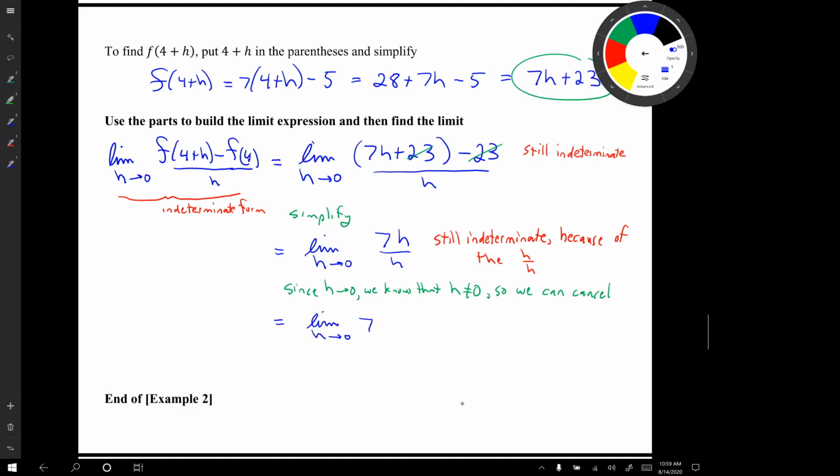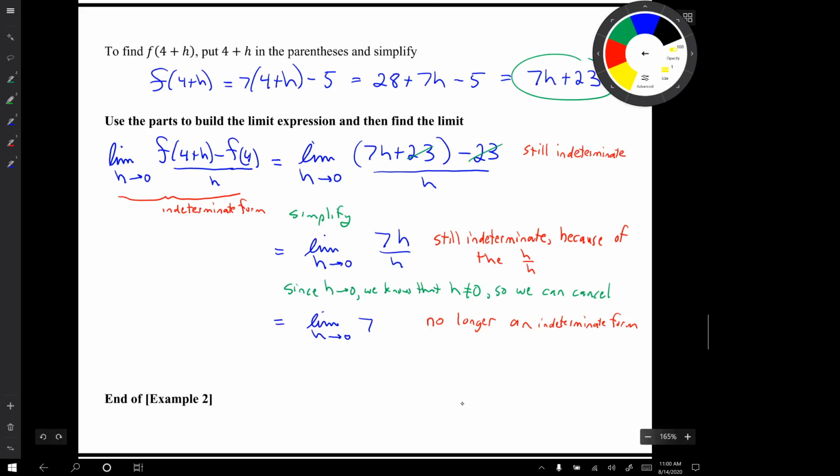So we arrive at this limit, the limit of 7. Notice that this is no longer an indeterminate form. All of that simplifying that we did, there wasn't much of it, was in order to get it to this state where it was clear why the limit was indeterminate, and then be able to simplify to get a limit that was no longer indeterminate.